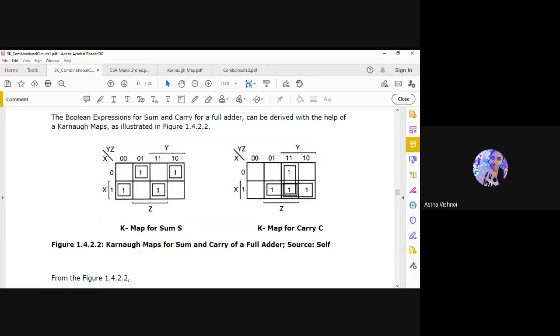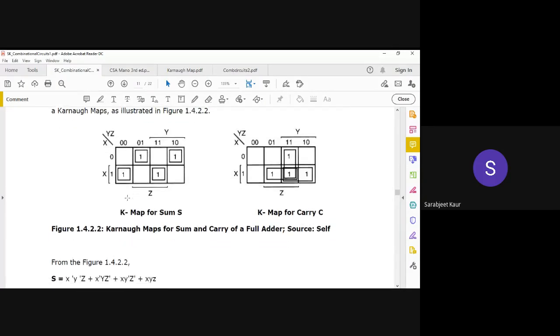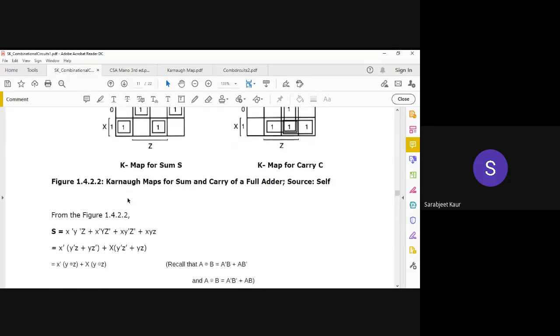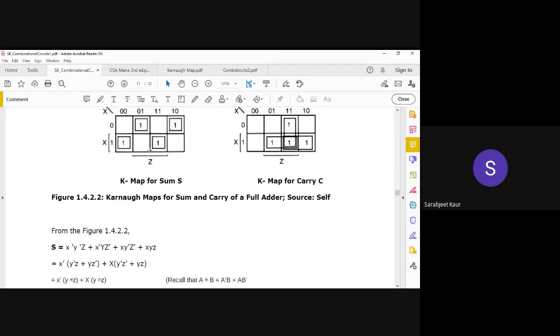No, ma'am. So what will I get? Sum is equal to, I'll simply write down their corresponding minterms, which are x' y' z, or x' y z', or x y' z', or x y z. Is this clear? Yes, ma'am.